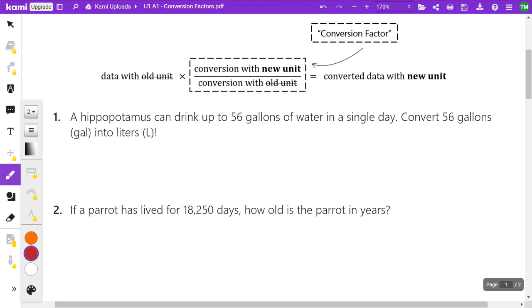Before I do that, I'm also going to rewrite my measurement. When doing conversion factor problems like this, it can be really easy to put the right numbers in the wrong places. So first thing I want to do is rewrite the measurement that I need to convert. This number is what's going to change, 56 gallons. And I'm going to write my conversion factor up here somewhere so I don't forget it. 3.78 liters is equal to 1 gallon.